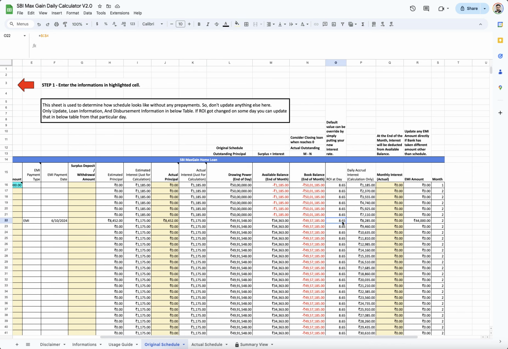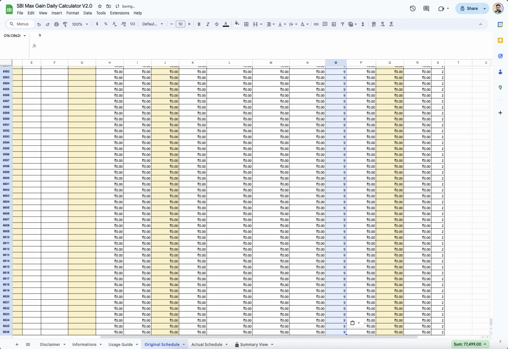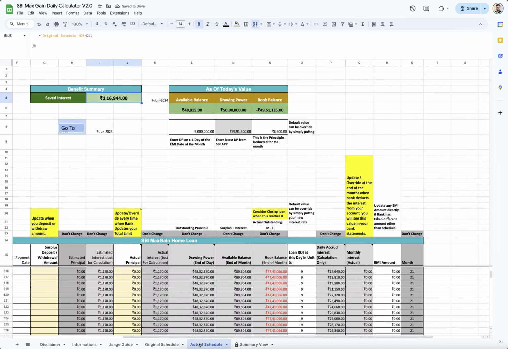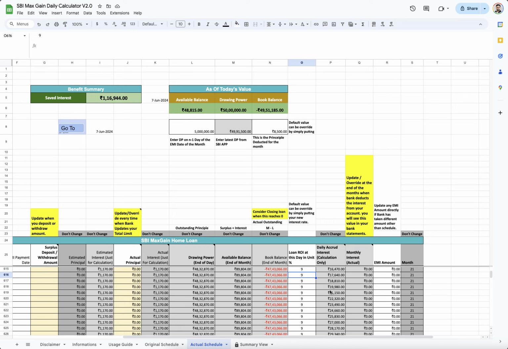So the rate of interest, you can update here. For example, if I consider 9 from the initial, and if we come here, then we can see like this. Okay, so this is for the rate of interest column.